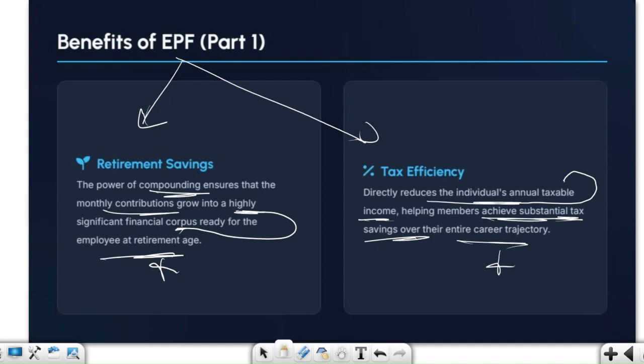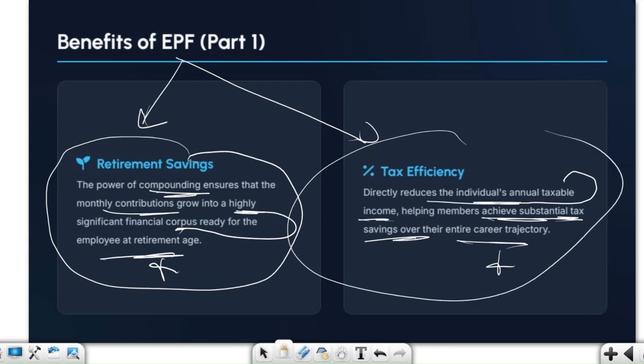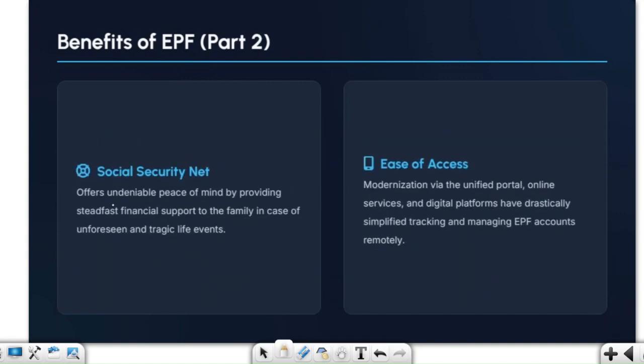First of all, EPS rules were amended to allow withdrawal benefits based on a shorter contribution period. Then we are also having other benefits for this particular EPF, where we are having retirement savings, tax benefits, a social security net, and ease of access.